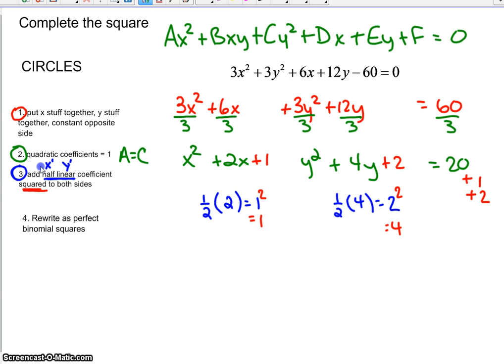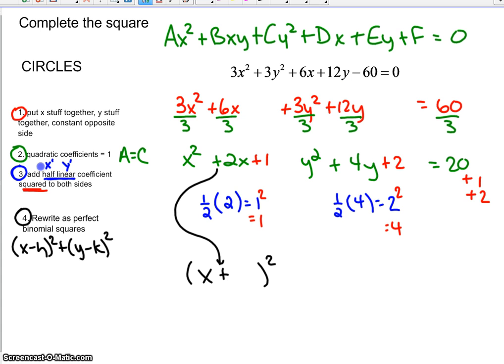Now, the piece that sometimes we struggle with is that I want to rewrite these as binomial squares, because remember, I need x minus h squared plus y minus k squared. I don't need x squared plus 2x plus 1. Now, here's your x. Here's a couple things that are going to happen.